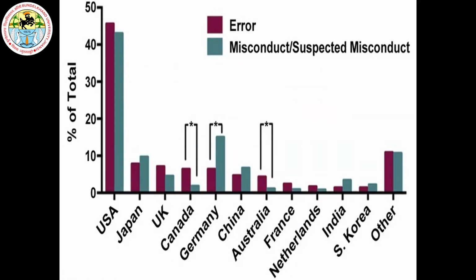Though as compared to the US we are very low in number, the reason is that US publications are very high compared to total Indian publications. That's why their figure is more. But in India, the major share belongs to misconduct or suspected misconduct, and error is very small.